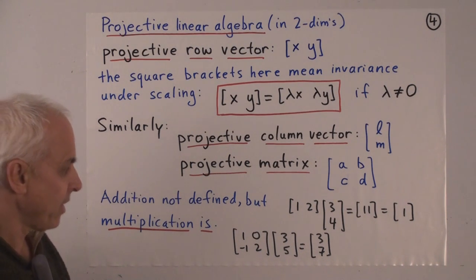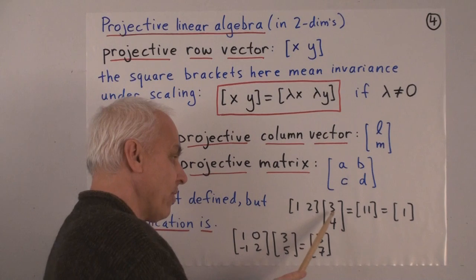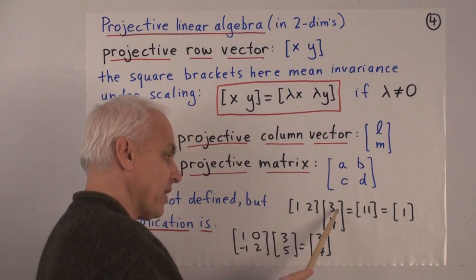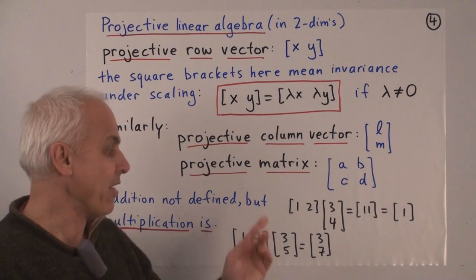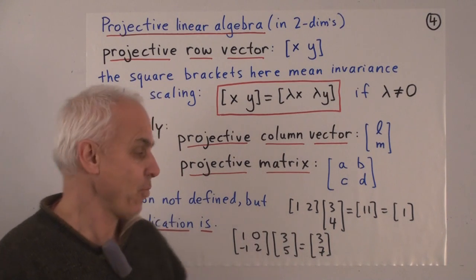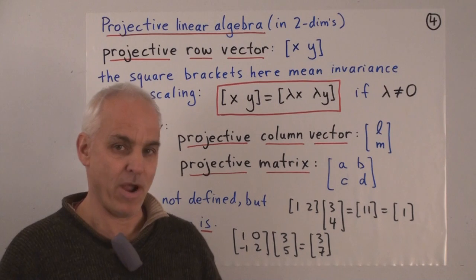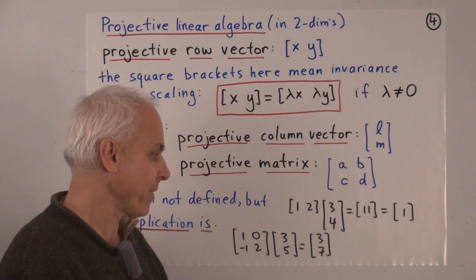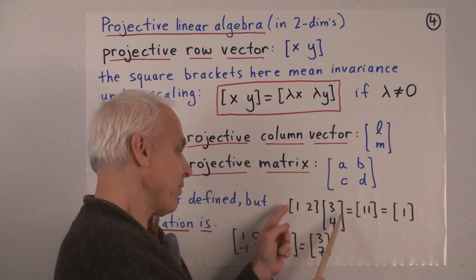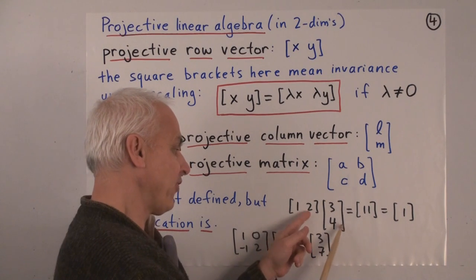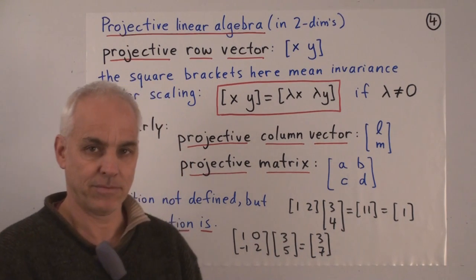What does that mean? Well, for example, 1, 2, 3, 4. This is a projective row vector, that's a projective column vector. Now, if these were ordinary vectors, we would multiply this row vector by this column vector to get a 1 by 1 matrix, or a number. So that number would be 1 times 3 plus 2 times 4, that would be 11.